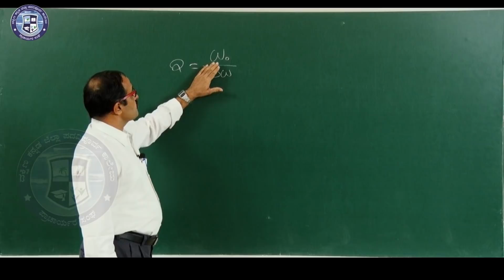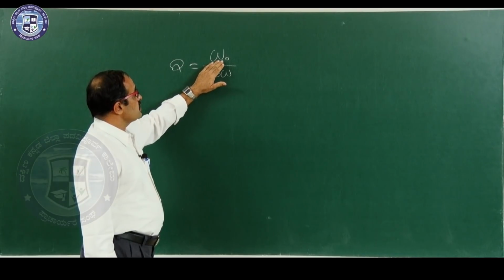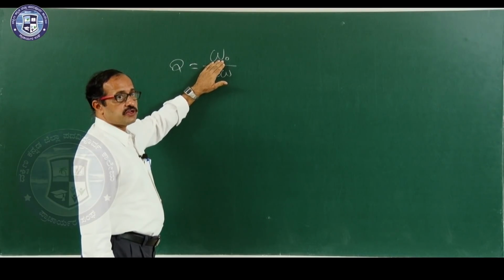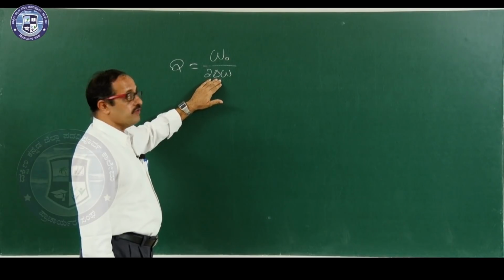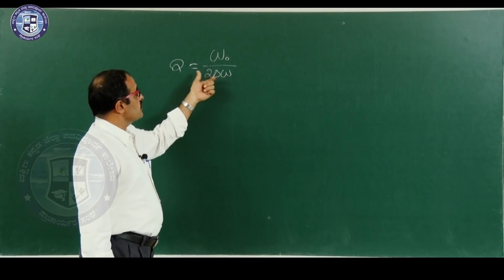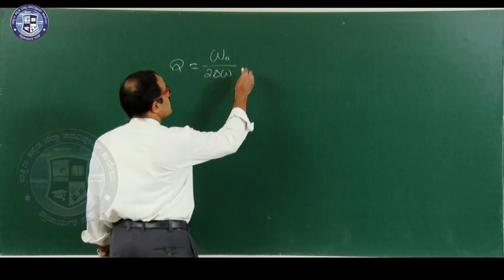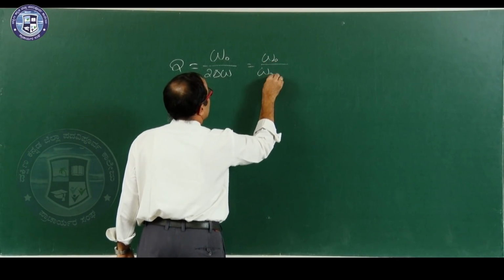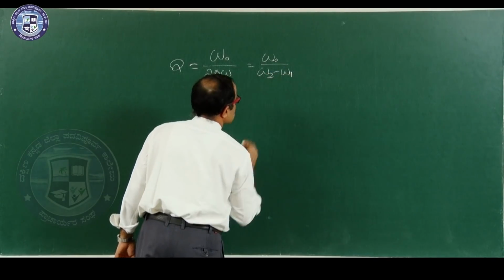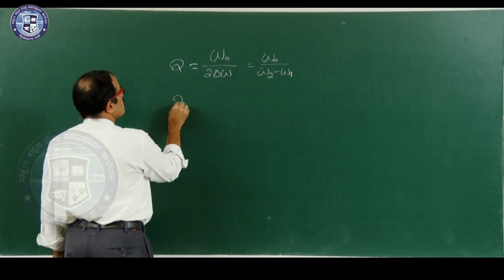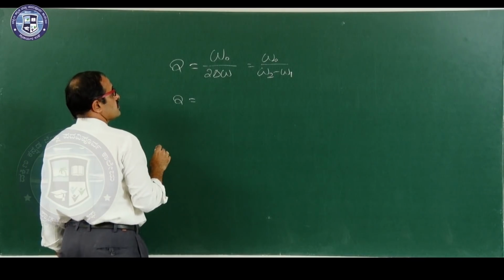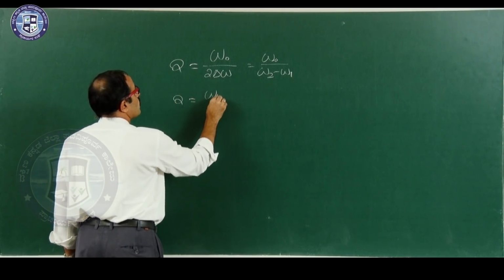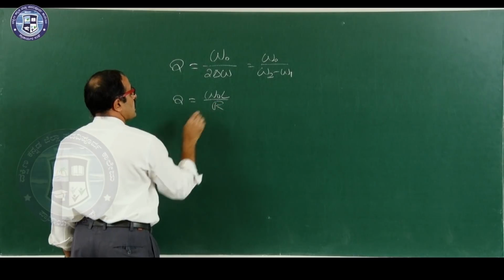So, quality factor is defined as the ratio of the angular frequency of the LCR circuit at resonance to the bandwidth or difference in half power angular frequencies, which is also equal to omega naught divided by omega 2 minus omega 1, or quality factor is also equal to omega naught L by R.